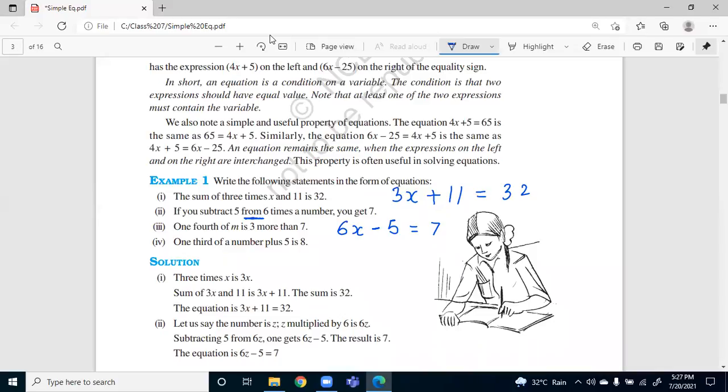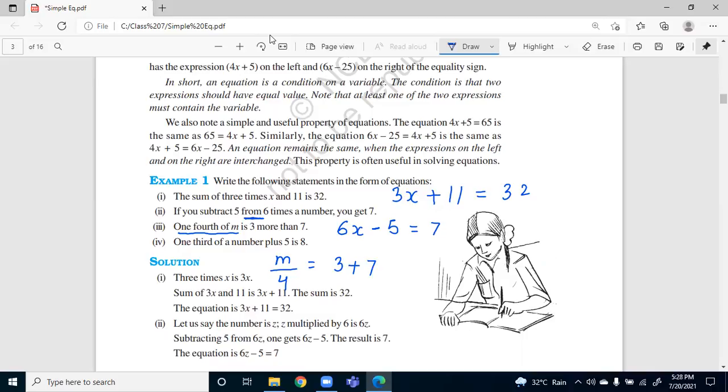Okay, so if it is completed, do come to the third part. 1/4 of m. So 1/4 of m means m divided by 4. So m divided by 4 is 3 more than 7. So what is 3 more than 7? 1/4 of m, we have replaced is by the equal to sign, 3 more than 7.